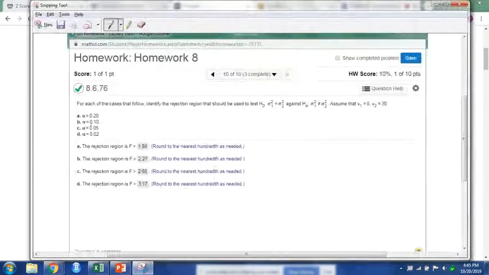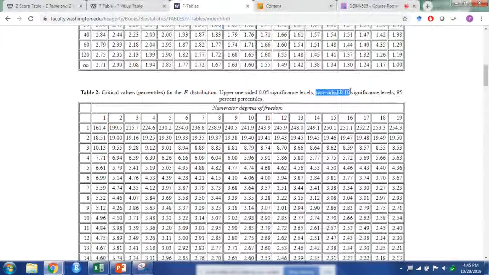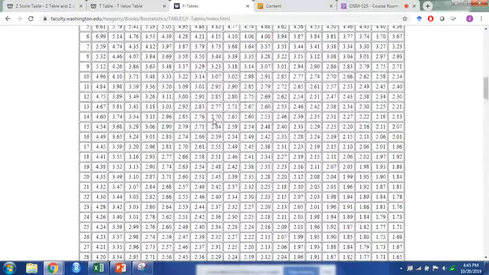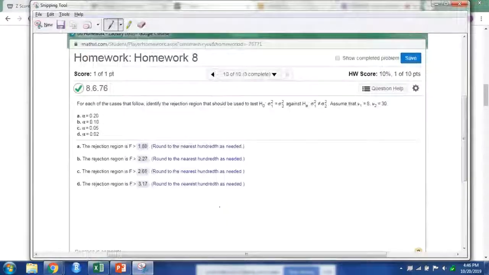For the second question, 0.10 for a two-sided, or 0.05 for a one-sided, same idea. Our numerator degrees of freedom is still 8. We go down 8 until we get to 30, and 2.27 is the critical value for the rejection region.